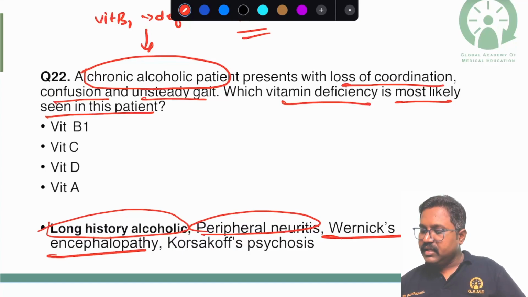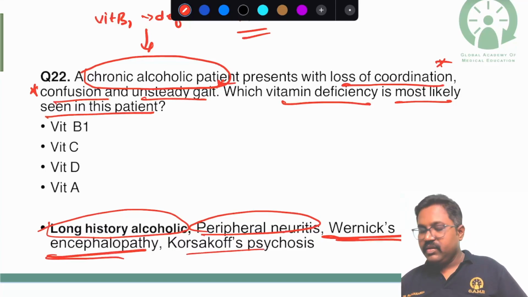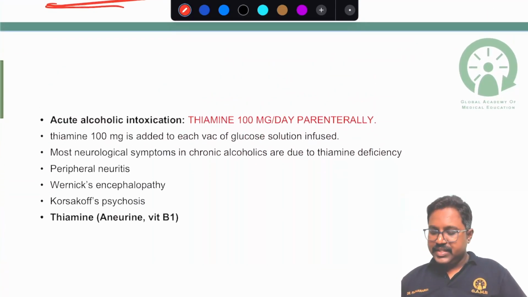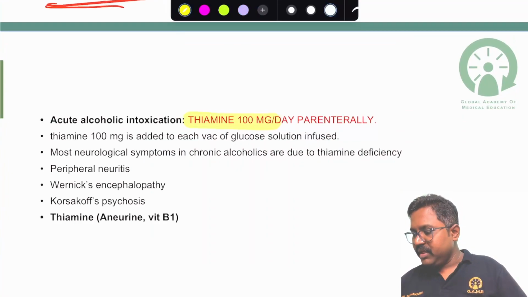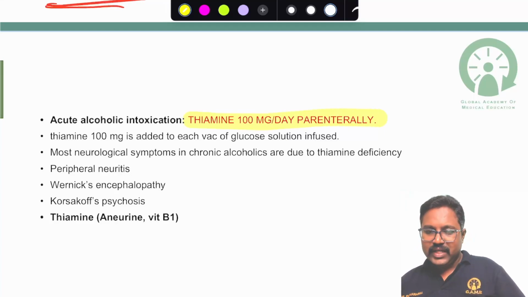Loss of coordination, confusion, and unsteady gait go with Wernicke's encephalopathy, and the later stage will be Korsakoff psychosis. In acute intoxication also, you need to go with thiamine 100 milligram per day. It has to be given parenterally, that is through the IV route.